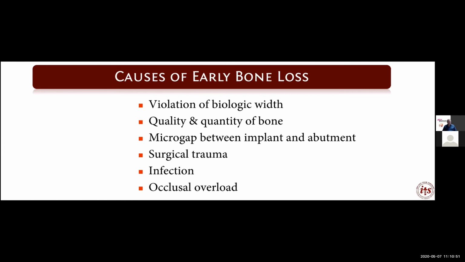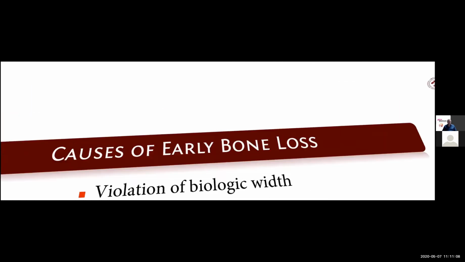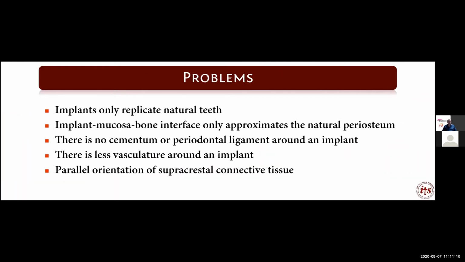In my opinion, though, if the cancellous bone is adequate and the cortical bone is adequate, it is the microgap between the implant and abutment and the violation of the biologic width that hastens implant failure. And the problem is that implants only replicate a natural tooth.